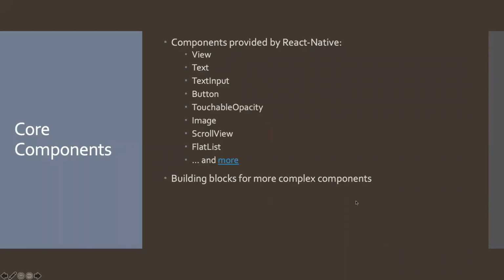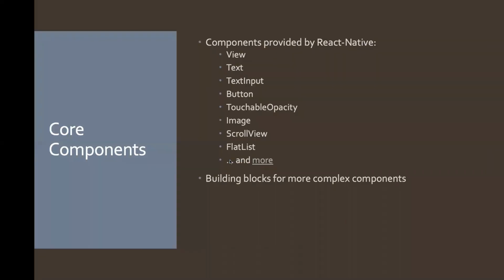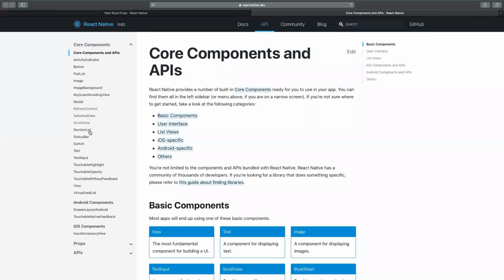Okay, so next thing we talk about is the core components. The core components consist of view, text, text input, and more. But we only cover eight components in the tutorial. So you can always go to the React Native documentation to learn more about the other core components that you can apply.